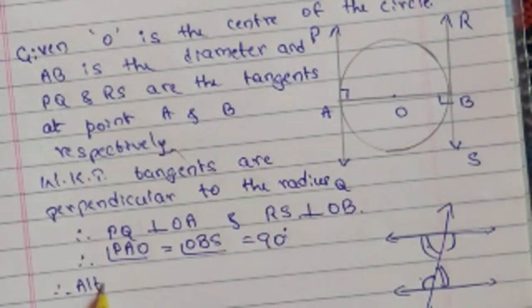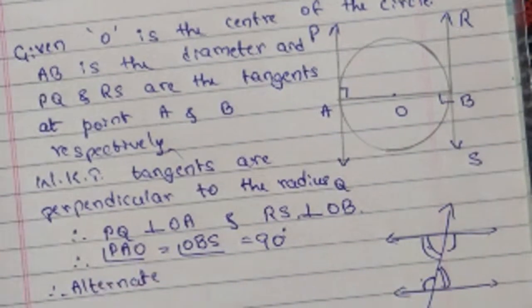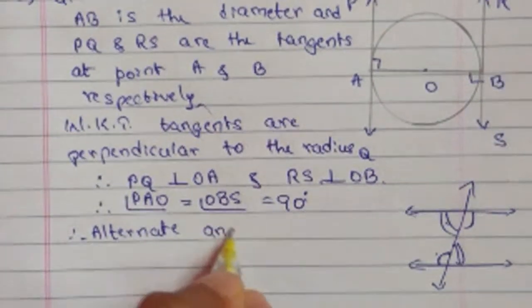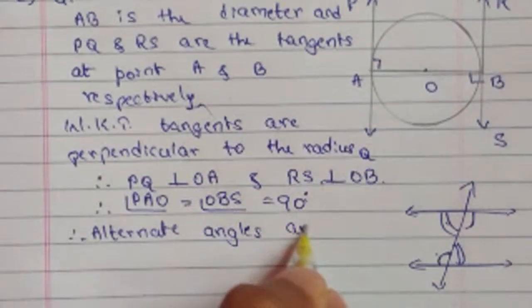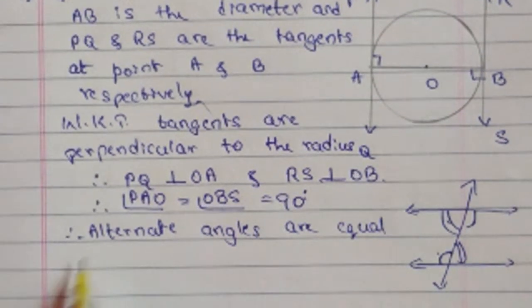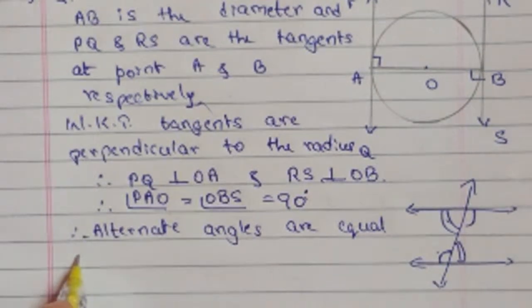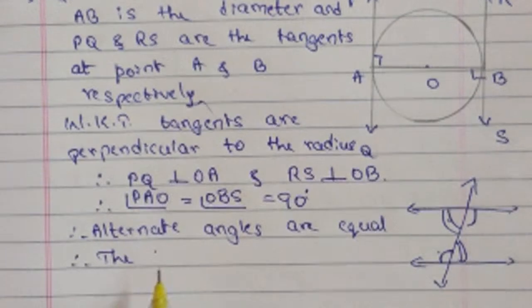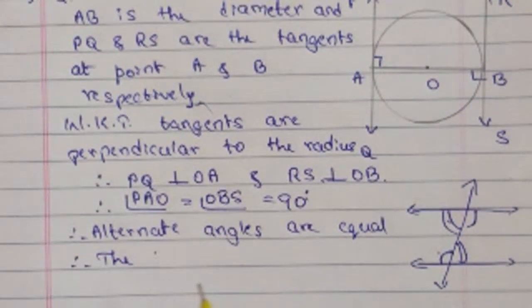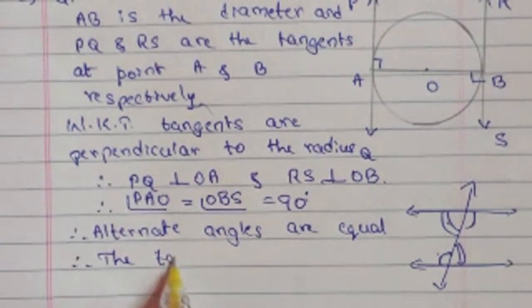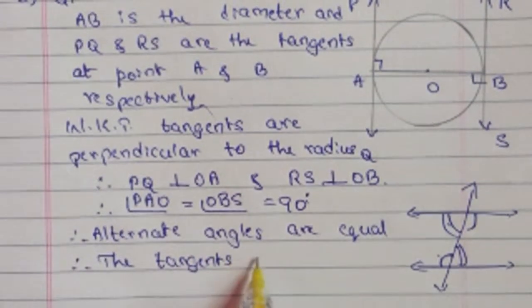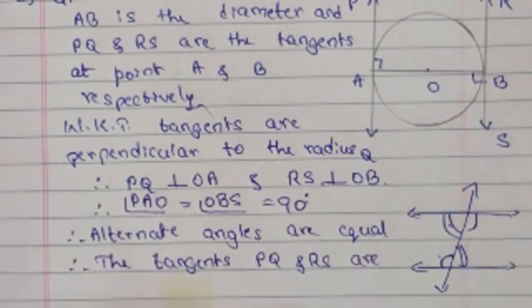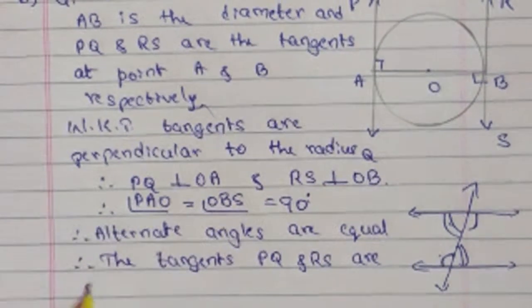Therefore alternate angles are equal. Therefore the tangents PQ and RS are parallel to each other.